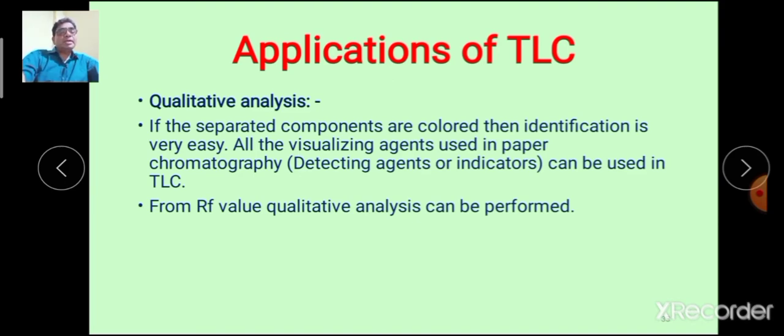RF values are constant, and therefore if the RF value determined in the practical matches with the RF value of a known component, then we can identify the component. This is an application of thin layer chromatography.